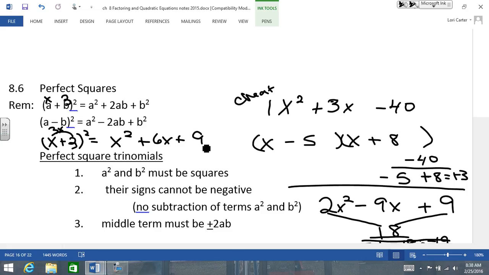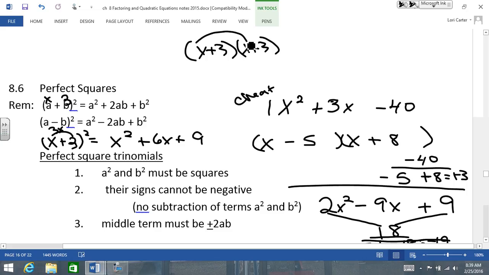Instead of writing it twice, we could cheat. We could square the first, multiply and double, square the last. But some of you did this. You said, hey, that's x plus 3 times x plus 3. And when you did this, you got x squared. Then here you have 3x and 3x, so how many 3x's did we have? 2.